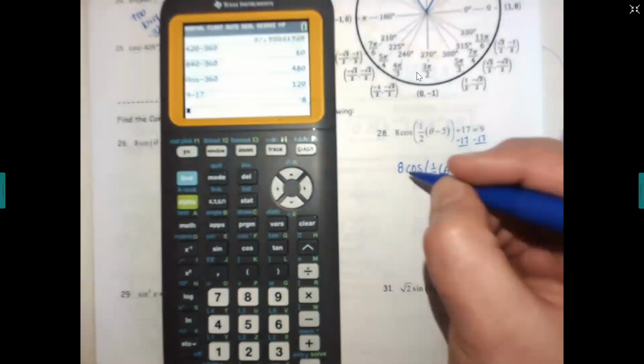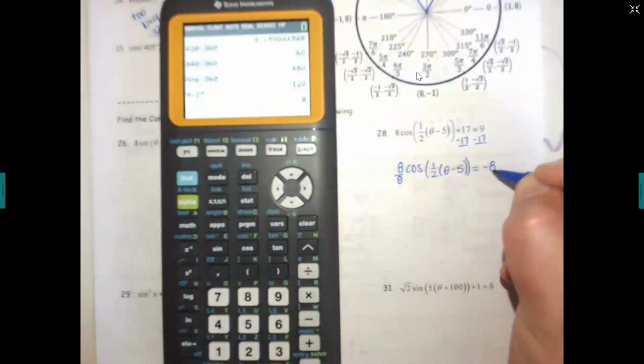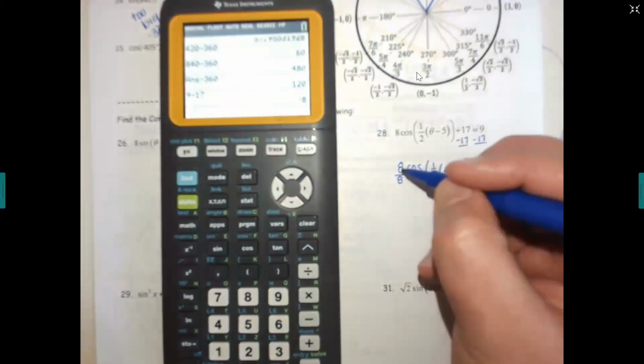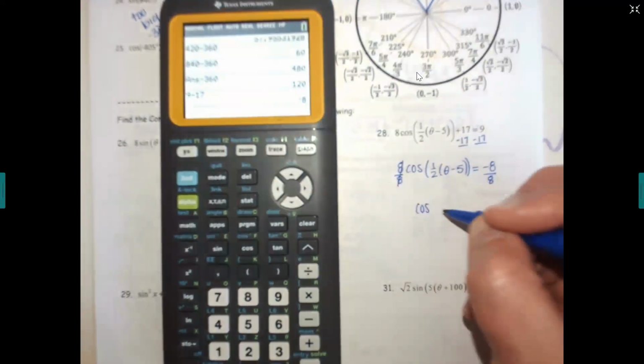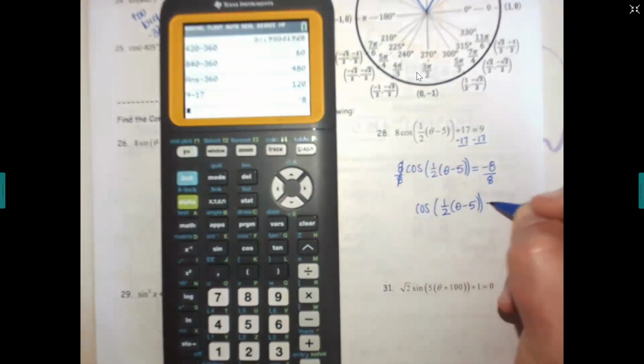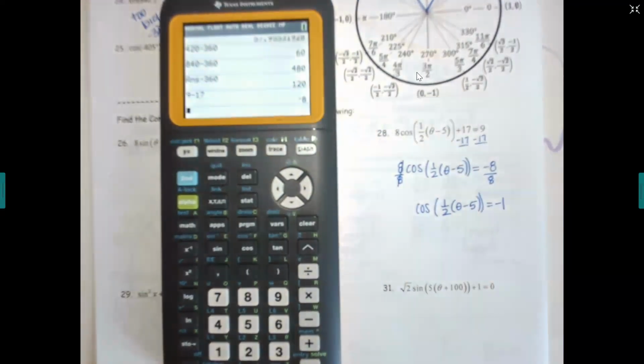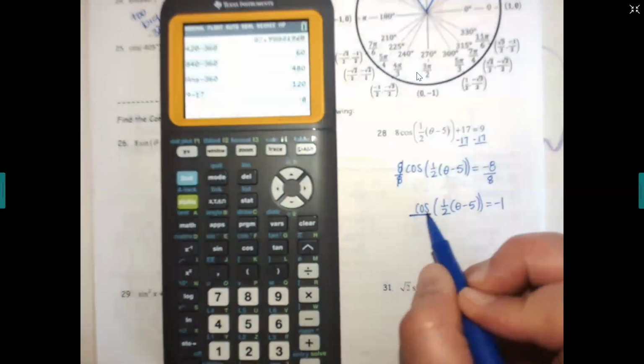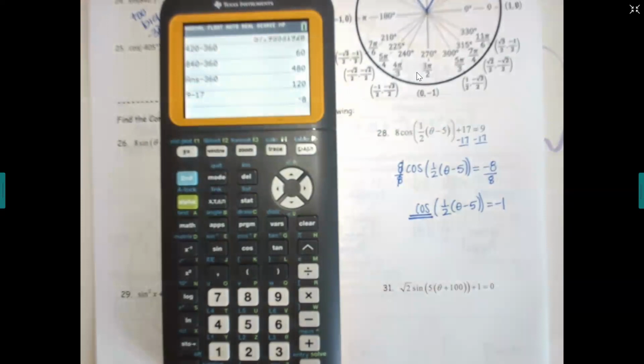Next step, we're going to divide this 8 out of the front. Divide by 8, divide by 8. So I have the cosine of 1/2 theta minus 5 needs to equal -1. Then from here, to get rid of cosine, you're going to look on the circle for where that number happens.